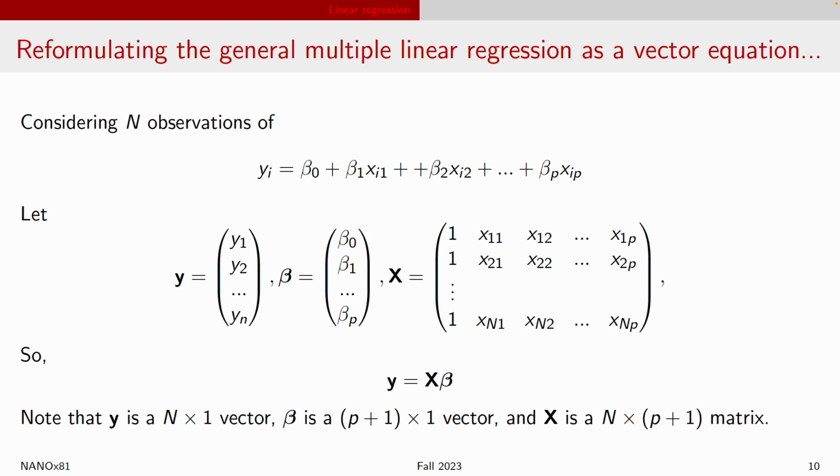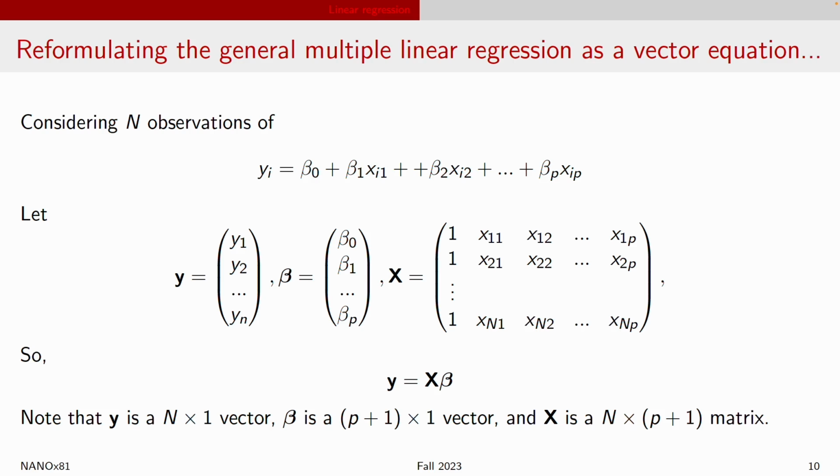If you think of the observations as y1, y2, y3, all the way to yn, so let's say you have n observations, you create this vector of your coefficients, which is beta naught, beta 1 to beta p, and then you create this x matrix, which is just your observed x values. You have a 1 because your beta naught is an intercept term.